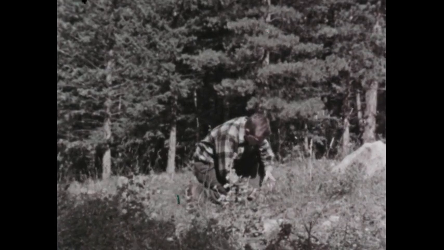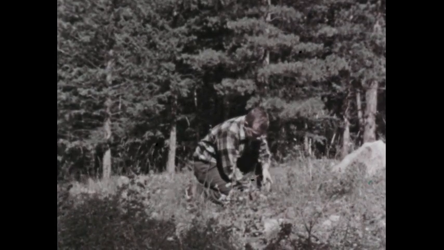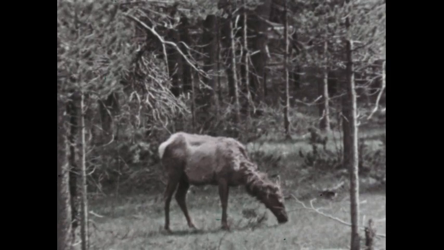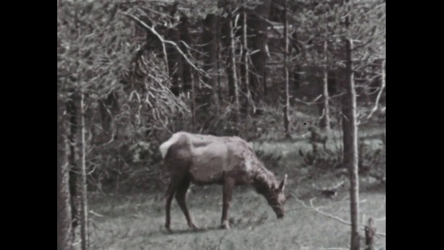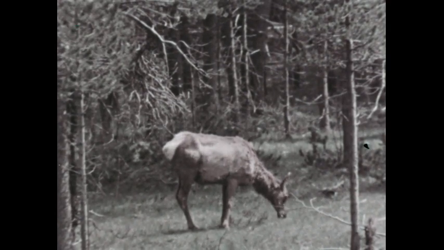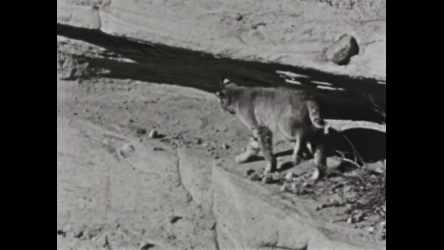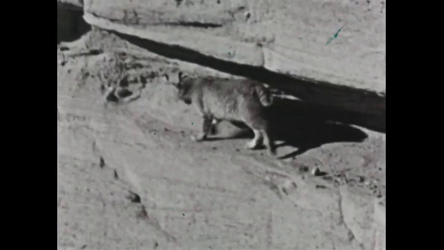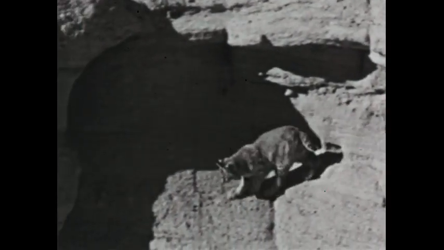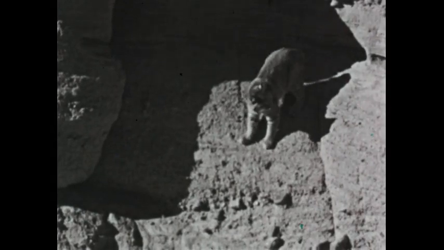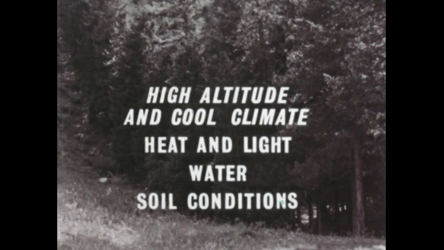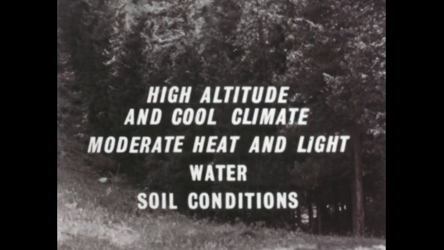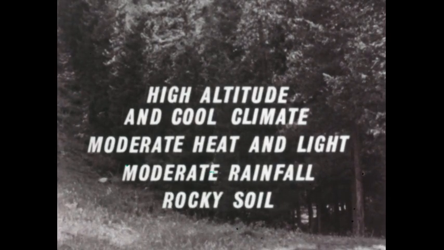The plant population provides an adequate food supply for elk and other grazing animals which are adapted to the cool, dry climate of this physical environment. These herbivores are preyed upon by bobcats and other carnivores that are members of the plant-animal community of the coniferous forest. The physical environment that affects this biome includes high altitude and cool climate, moderate amounts of heat and sunlight, moderate rainfall, and rocky soil.